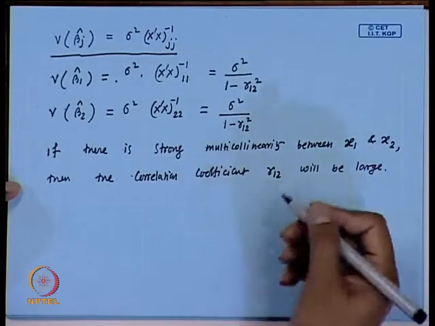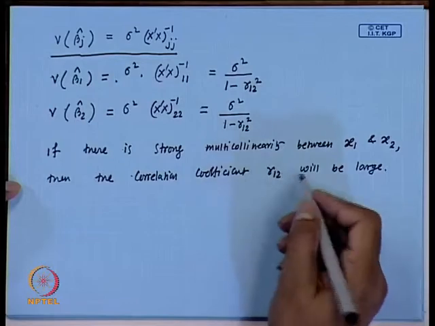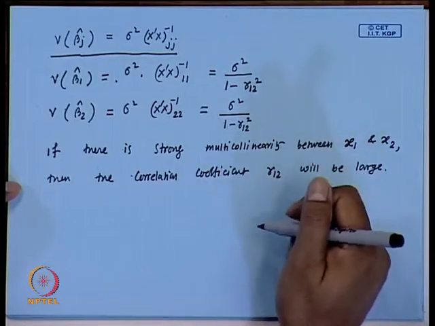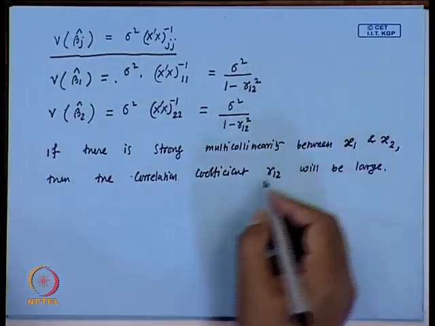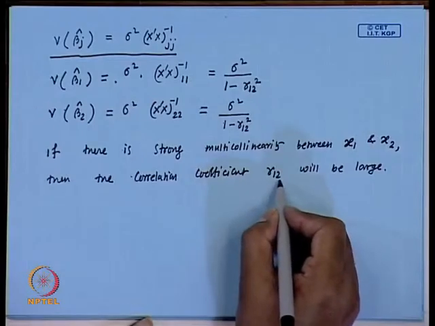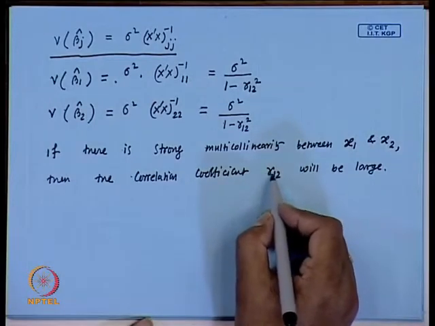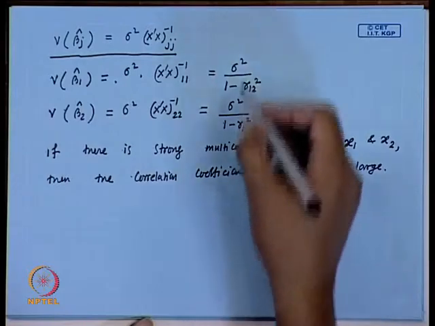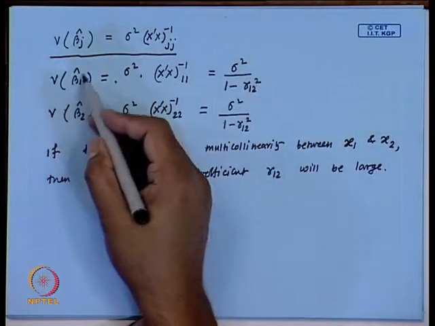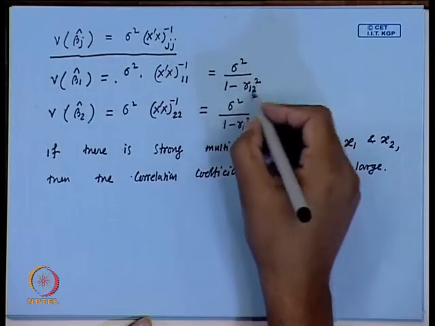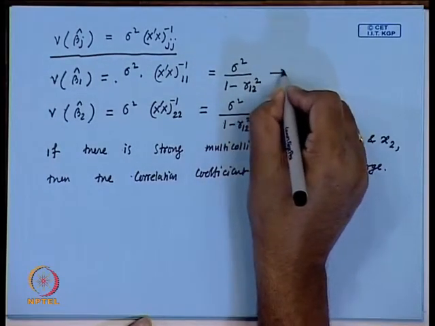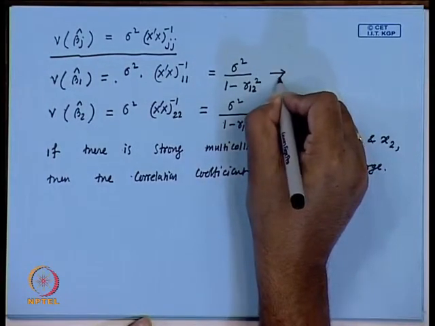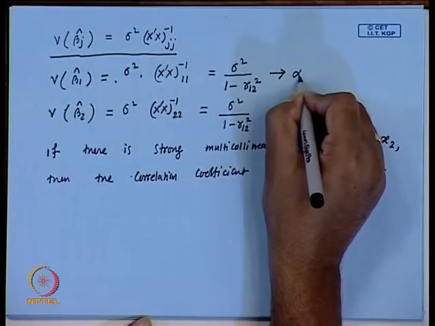Large means the modulus value can be equal to 1. So, when the modulus of r12 tends to 1, the denominator of the variance of beta 1 hat tends to 0, so this tends to infinity.